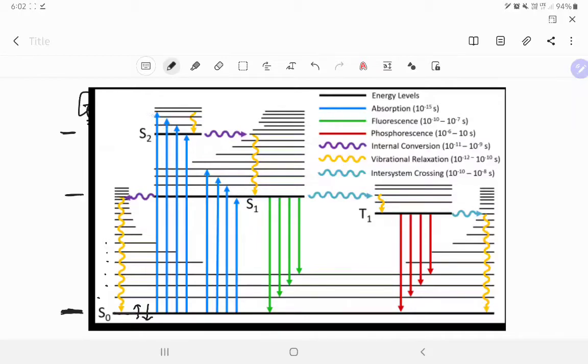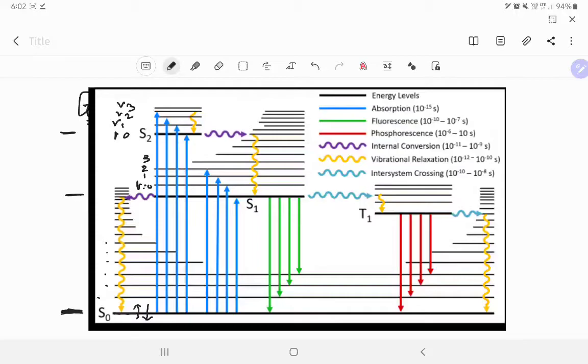Here V is equal to 0, 1, 2, 3 and so on.